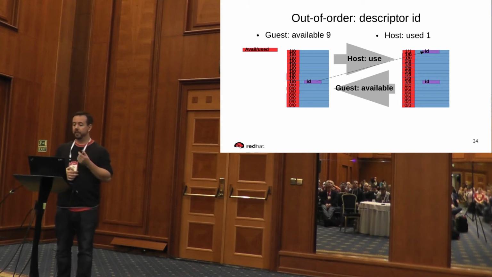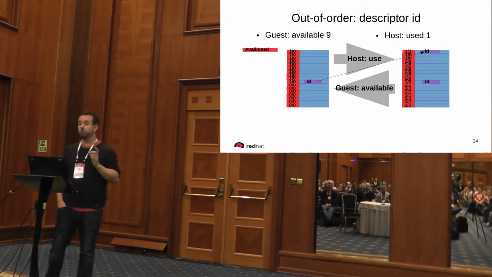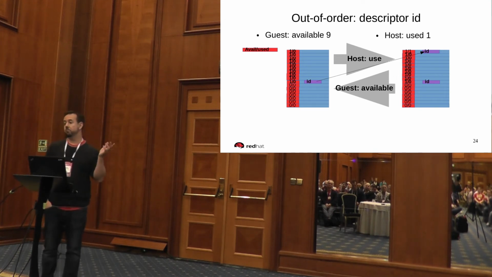It means the guest makes buffers available by changing the available flag from 0 to 1. Host writes the ID of the 9th buffer at the beginning of the ring, and then flips the used bit from 0 to 1. This will allow the guest to overwrite the entry next time it has to, and it will then flip the available back to 0.